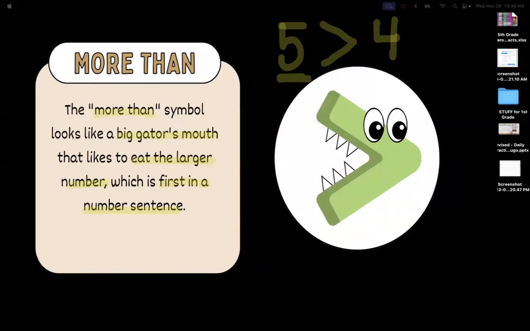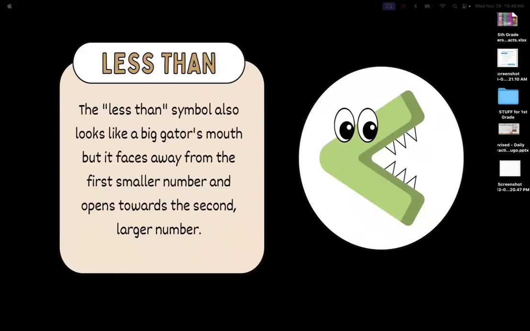Let's try this one. Less than happens when the big alligator mouth is facing away from the first smaller number. For instance, 4 is less than 5, because again, the gator wants to eat the bigger number. He wants to go, nom, nom, nom.